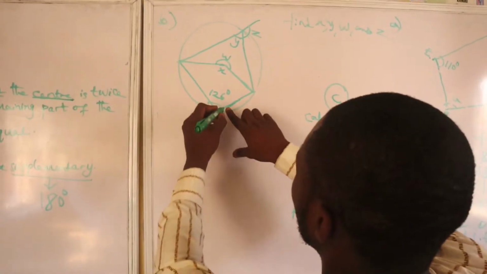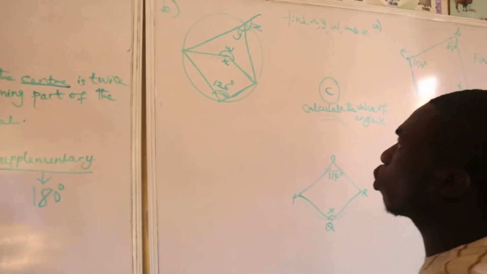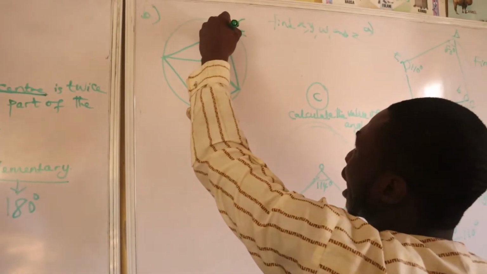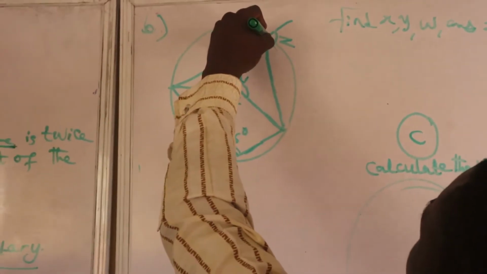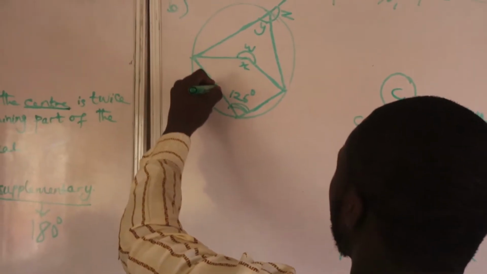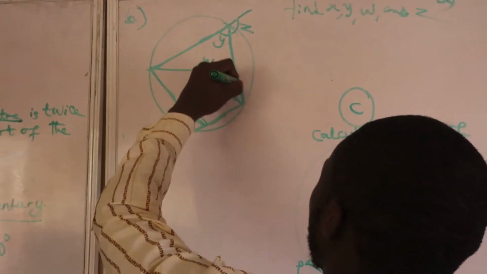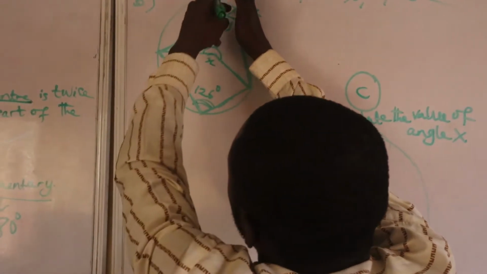Now look at this. This 126 will have its opposite angle as Y. Look at the cyclic quadrilateral. It's within, forget this one outside. Now they call it a cyclic quadrilateral. It must be a quadrilateral within a circle. Now can you see this? So forget this Z shape outside. So you have this. So this one is what?